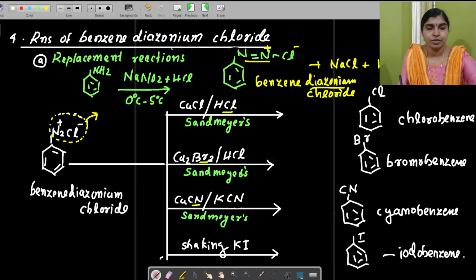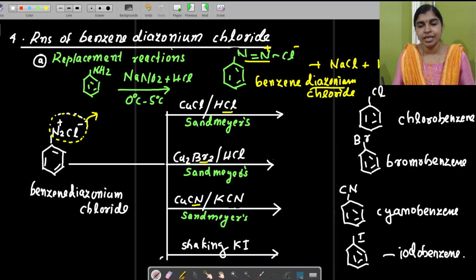How is benzene diazonium chloride obtained? That is by treating with sodium nitrite and HCl at cold conditions. Then benzene diazonium chloride with cuprous chloride gives chlorobenzene, with cuprous bromide gives bromobenzene, with cuprous cyanide gives cyanobenzene, with potassium iodide gives iodobenzene. So all are replacement reactions. With all of these we also get byproducts.